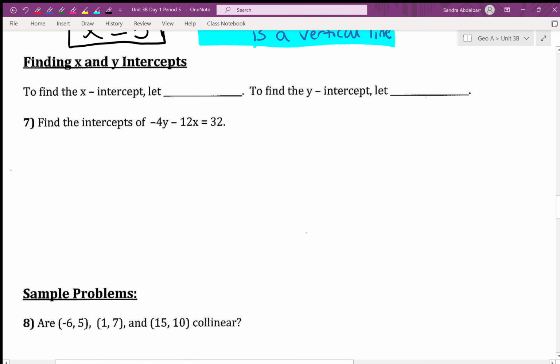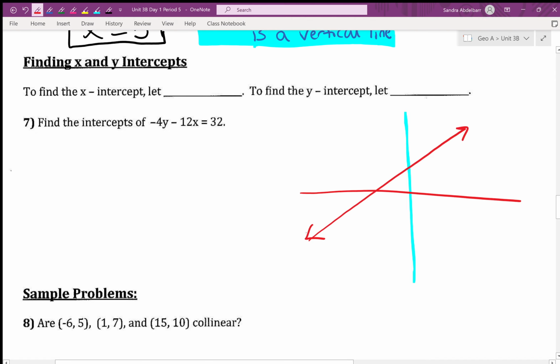All right, finding x and y intercepts. Okay, just think about this. Don't draw this because I'm going to erase it. When I have a line, do we agree this green point is the x-intercept and the pink point is the y-intercept?